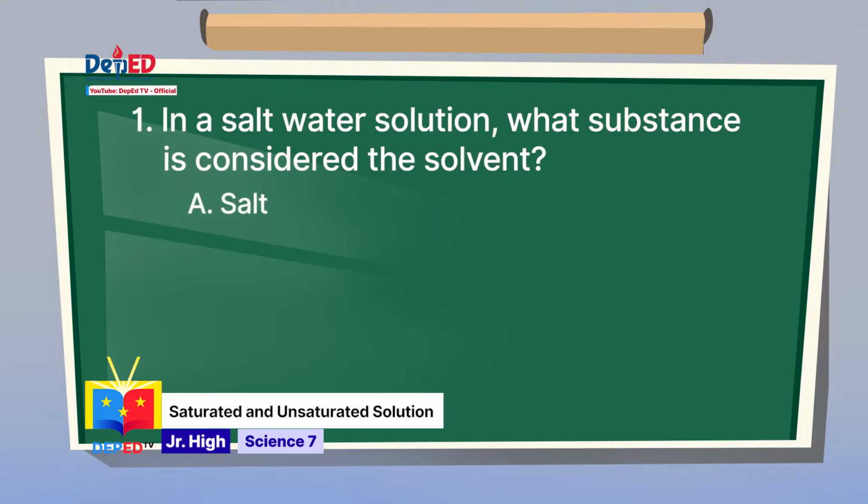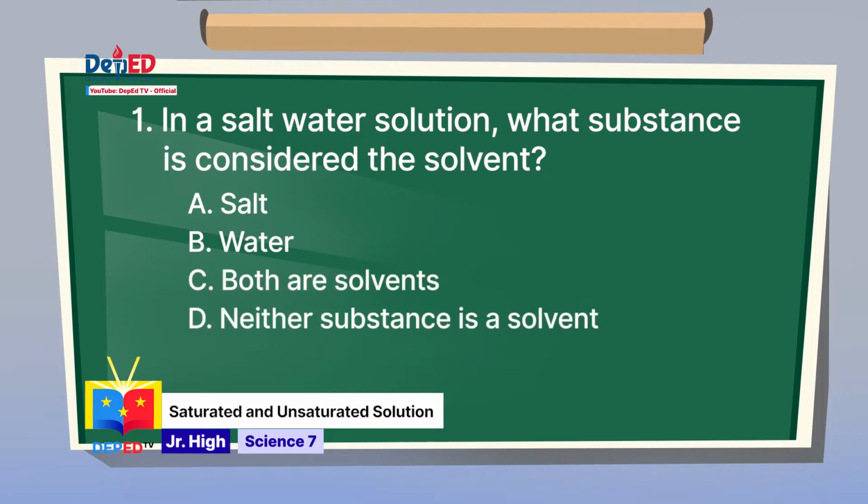A. Salt. B. Water. C. Both are solvents. D. Neither substance is a solvent. In saltwater solution, the substance considered as solvent is water. If your answer is letter B, you are correct.